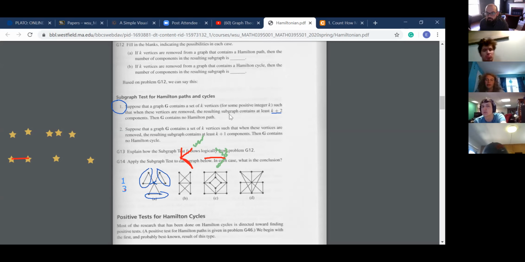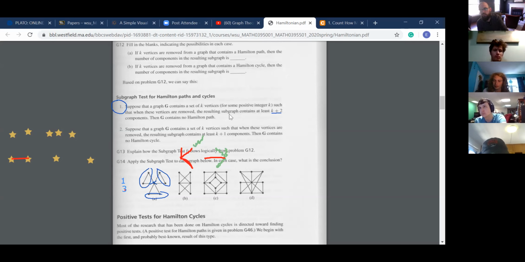So is that just a different way to find whether there is a path or a cycle? Instead of going through, starting at a vertex and trying to find the path or the cycle, you can just do that. Exactly right. This gives you a test to definitively say there's no path.